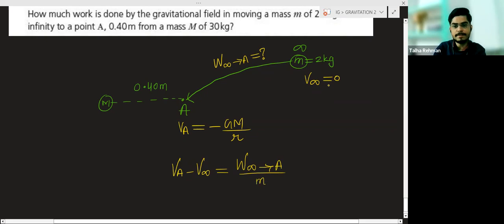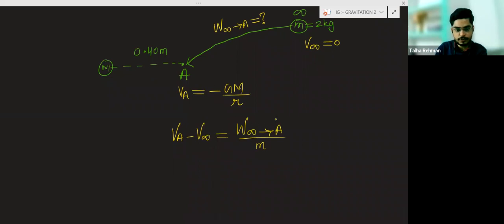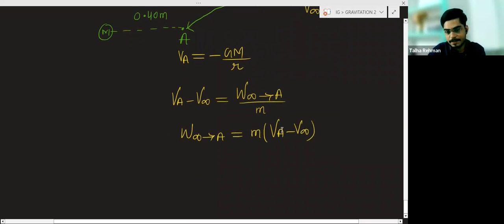Here m is 2 kg. So VA is this, V infinity is 0, and this work done we want to find. So work done from infinity to A is equal to mass into VA minus V infinity. Now V infinity is 0, so it becomes m into VA.